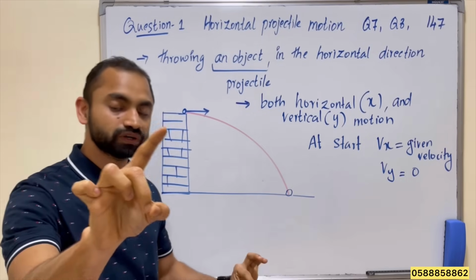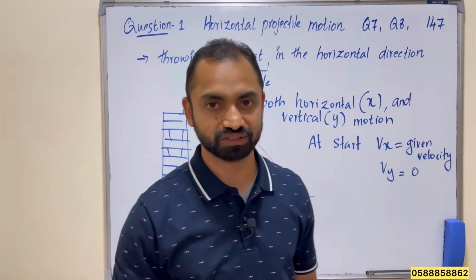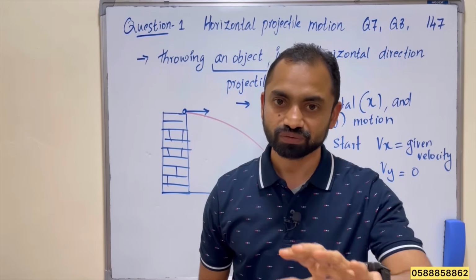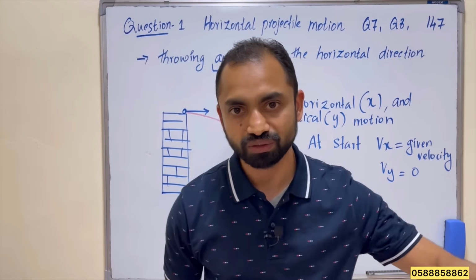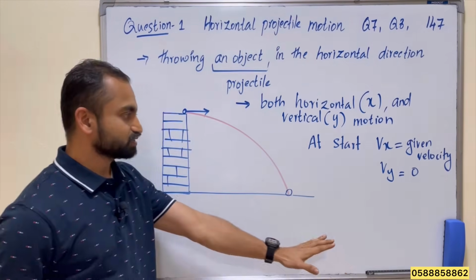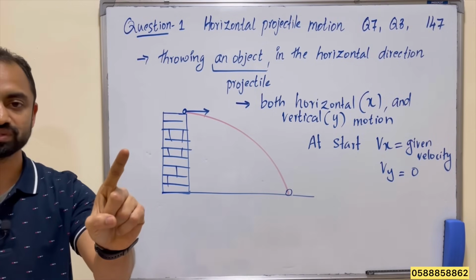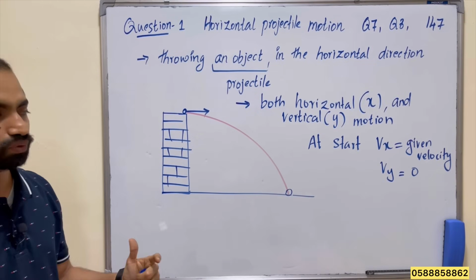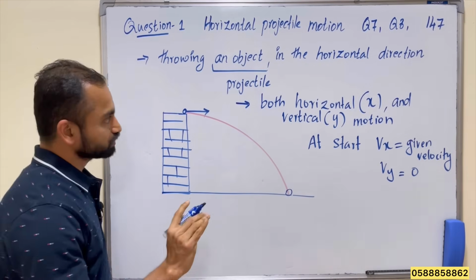There is only one force acting on the projectile. We will ignore the air resistance, okay? After ignoring the air resistance, there is only one force acting on the projectile, that is the force of gravity. So what is a projectile?